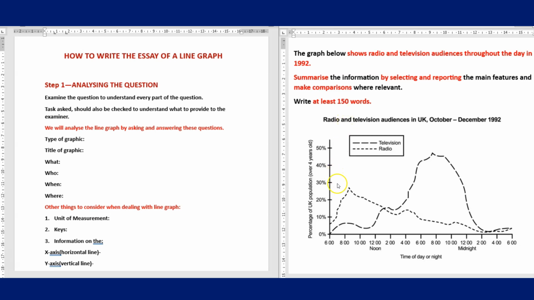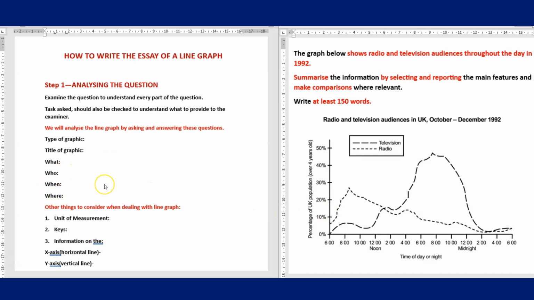And even if you check from here, we checked from 6 a.m. to the next day 6 a.m., okay, from 6 to 6. Okay, so within the day from October to December, all right, in 1992, that was when this whole thing took place. All right, so that is how we can see it.